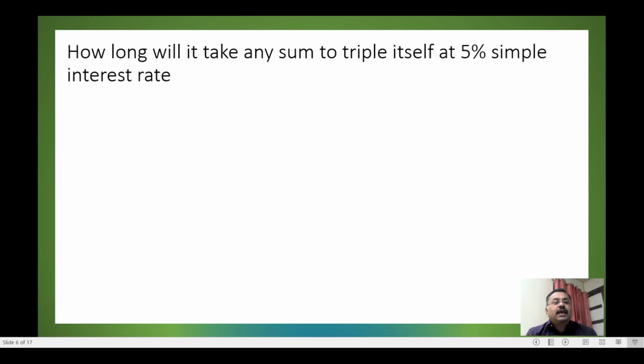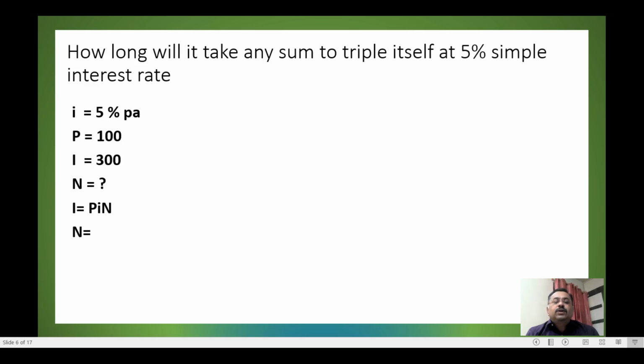That is what he is asking you to calculate in this example, where i is given as 5% per annum, and P is, assume, 100 rupees, and the amount will become 300 rupees. Then what is the time period N that has to be calculated?